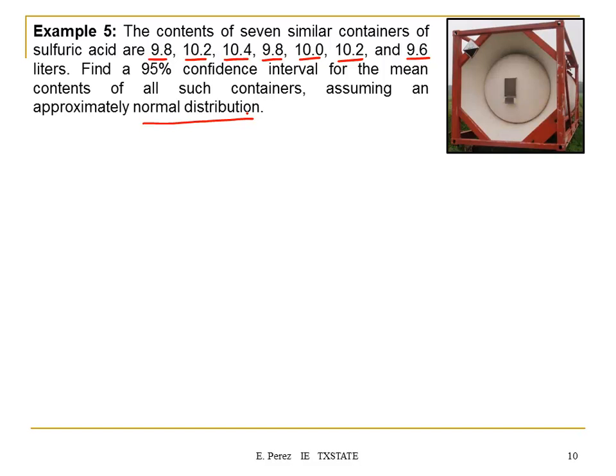So using the data provided, you can compute the sample mean, which is x bar. And you know how to compute that? It's 9.8 plus 10.2 plus 10.4 plus 9.8 plus 10 plus 10.2 plus 9.6, everything divided by the number of observations, which are 1, 2, 3, 4, 5, 6, 7.